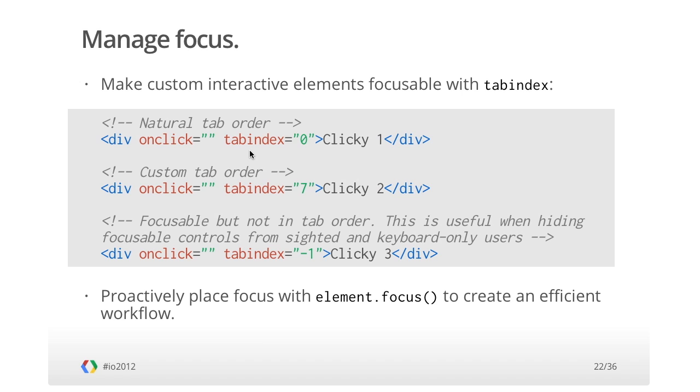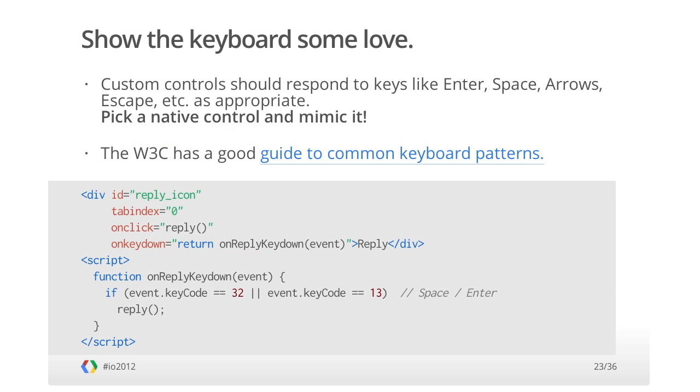After that, you want to make sure that you're placing focus wherever necessary with element.focus. Remember, we can proactively place focus that way to create an efficient workflow for users. So with custom controls, you also want to make sure that you show the keyboard some love. You want to add key handlers so that a user can use enter and space and arrows and escape to interact with your control. And one of the best ways I've found to do this is to pick a native control and then try and mimic it.